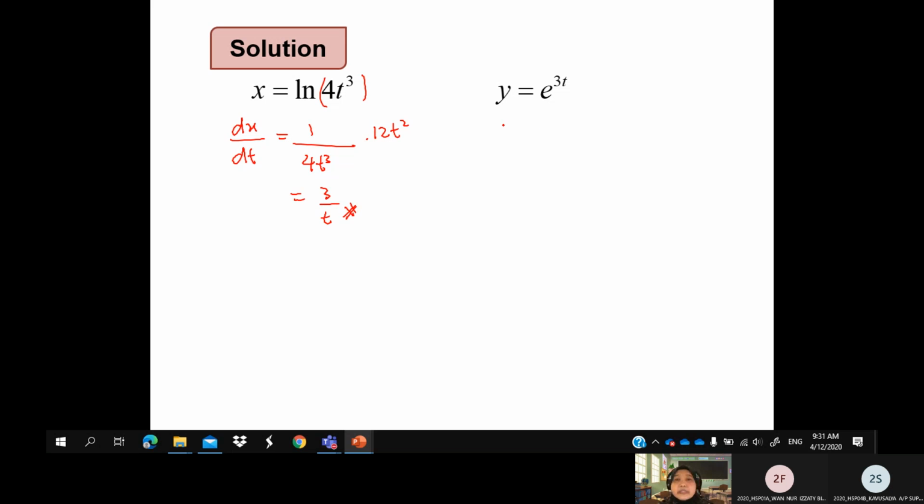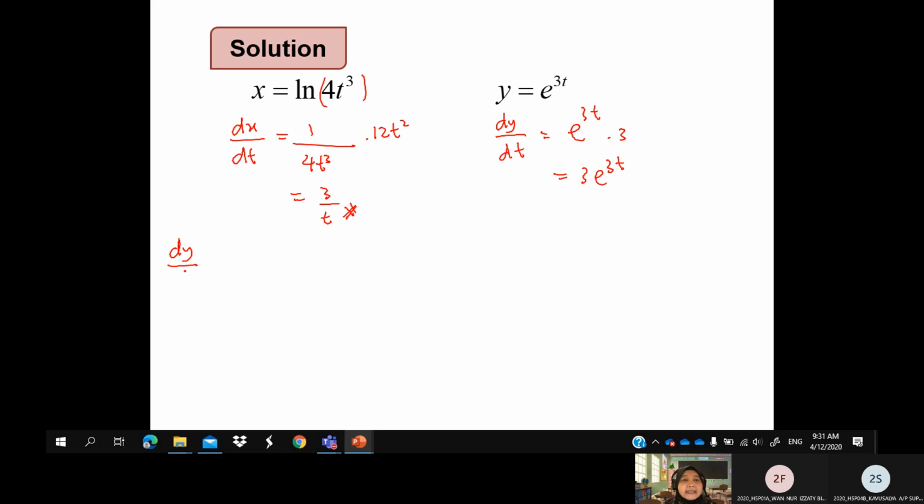For y, differentiate y with respect to t. Copy the exponent, then differentiate the power 3t to get 3, so we get 3e^(3t).